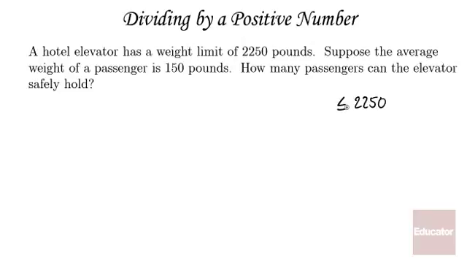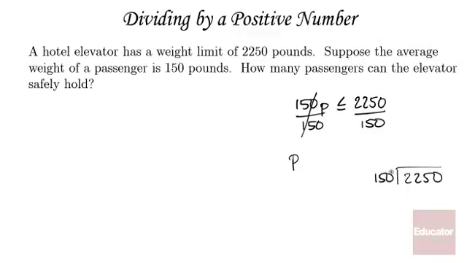The average weight of a passenger is 150 pounds, and we want to know how many passengers. So I'm going to divide both sides by 150. I'm dividing by a positive number here. That cancels. We have P. 2,250. It will go in once, giving us, and that will go in, I believe, 5 times.